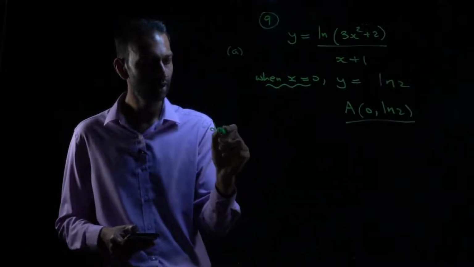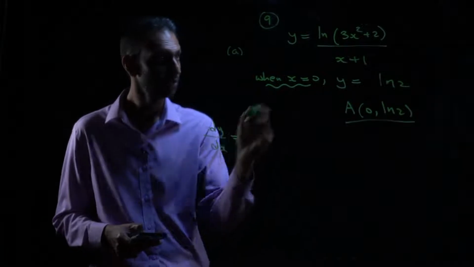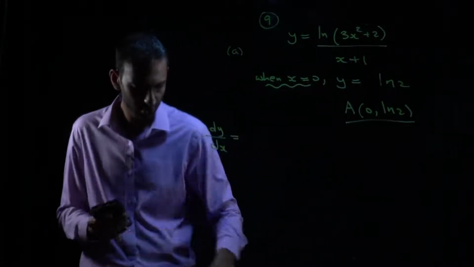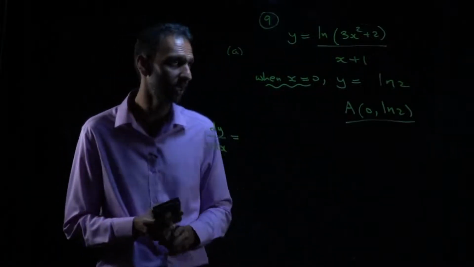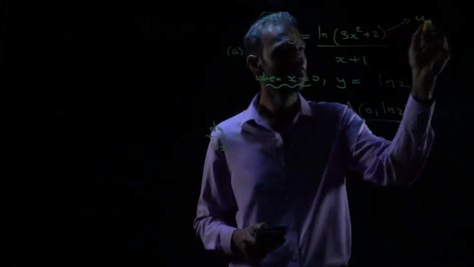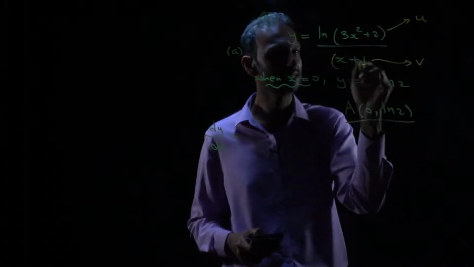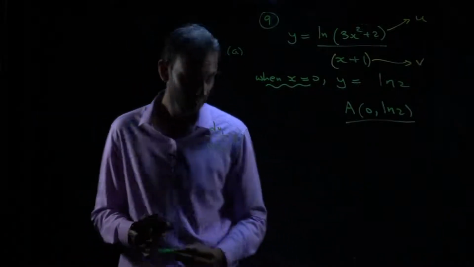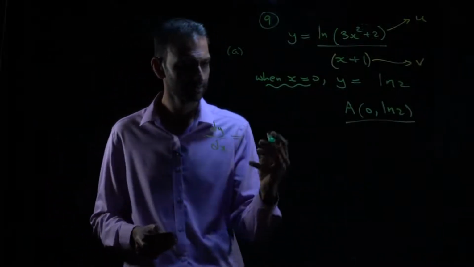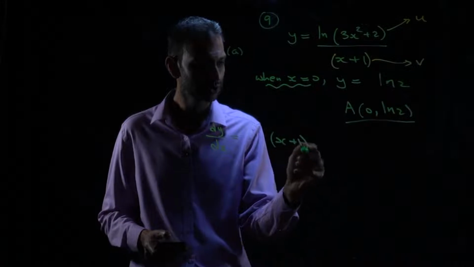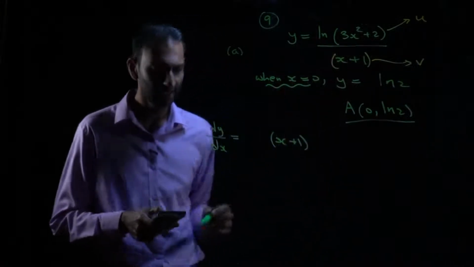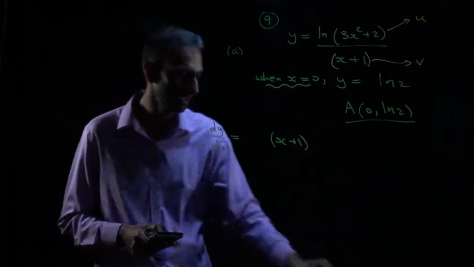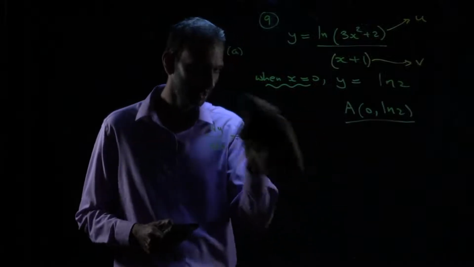So dy by dx, remember that's the quotient rule. So with the quotient rule, you will have u on top, and this is taken as v. So v, which is x plus 1, du by dx, remember you are differentiating ln of 3x squared plus 2.